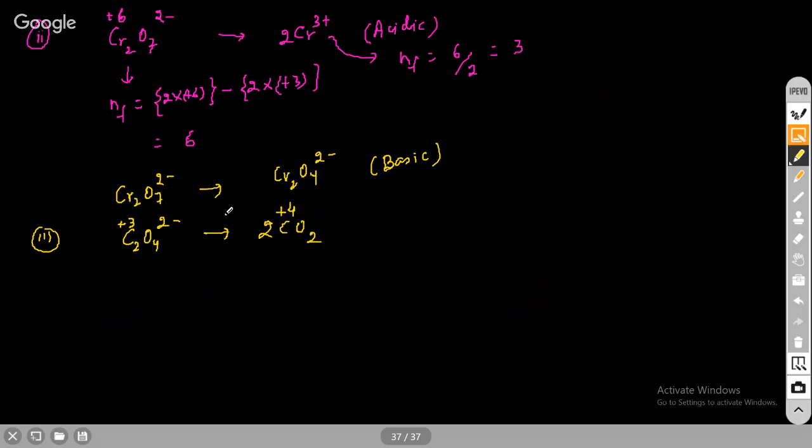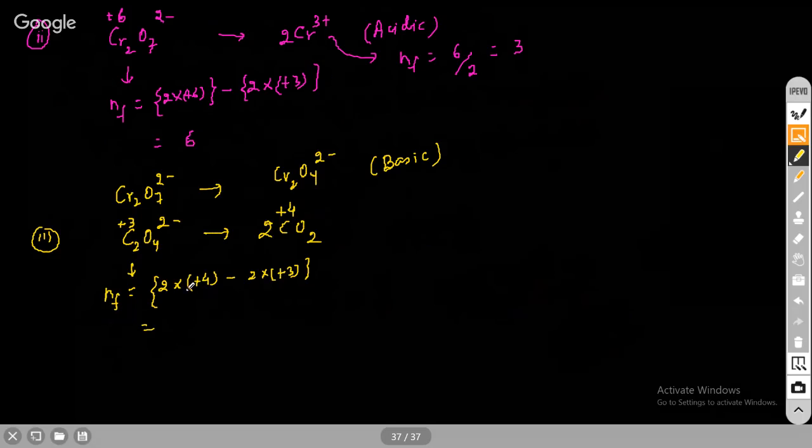Here 2 into 3 is plus 6, and 2 into 4 is plus 8. So the n factor for this, this value you will always take positive. Don't take a negative value. So 2 into plus 4 minus 2 into plus 3.